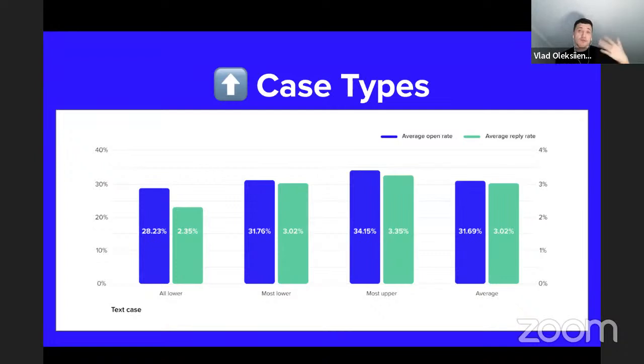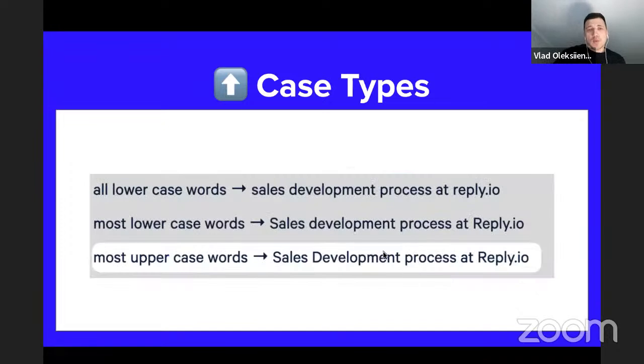On average, it performs better than an average result for all analyzed emails. So I recommend focusing on the mostly uppercase scenario, the last one. Most uppercase words, sales development process at reply.io, because it probably sounds natural, I don't know, but this one works better.